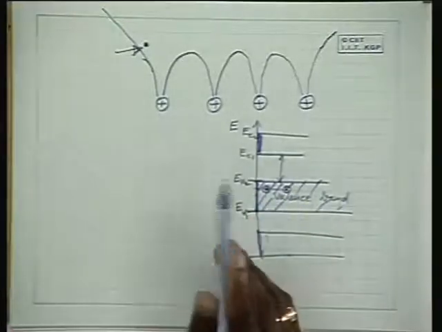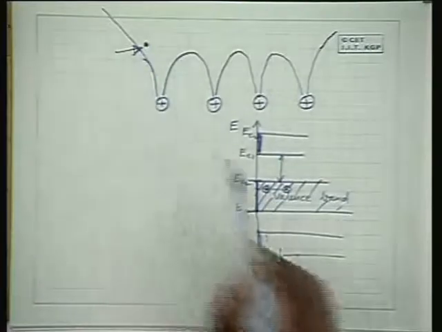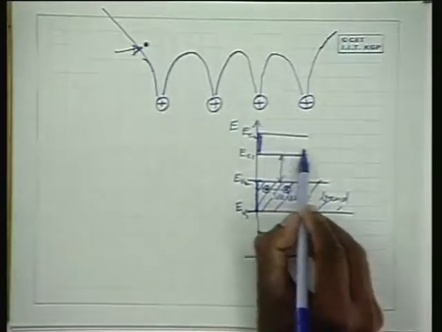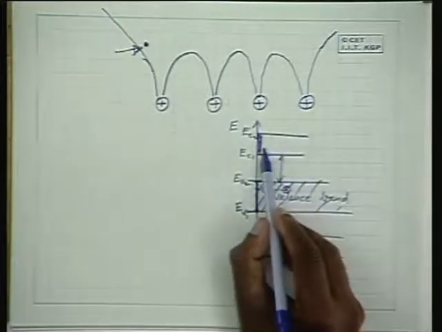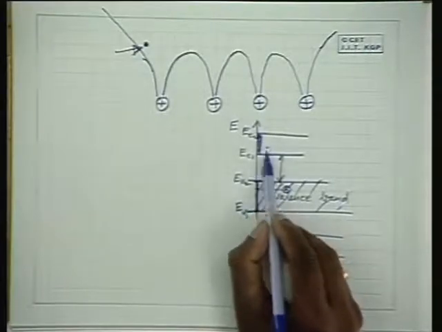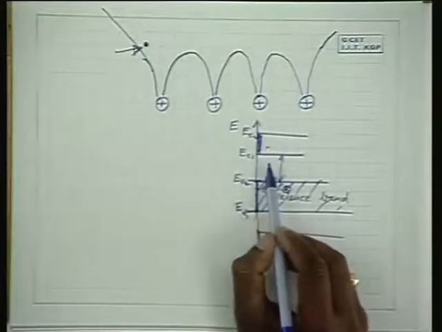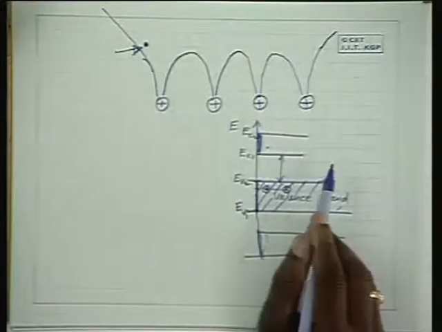You can create some field in between. So through external energy it is possible to elevate these electrons to a different band. And when the electrons are at this energy level, only then is it possible for them to conduct or move and constitute a current.